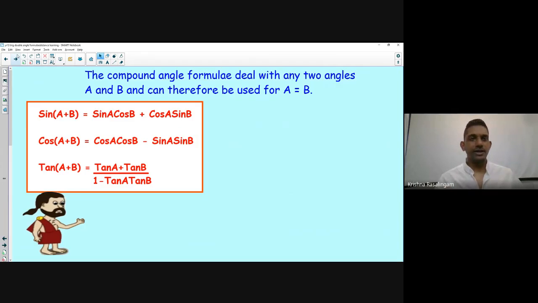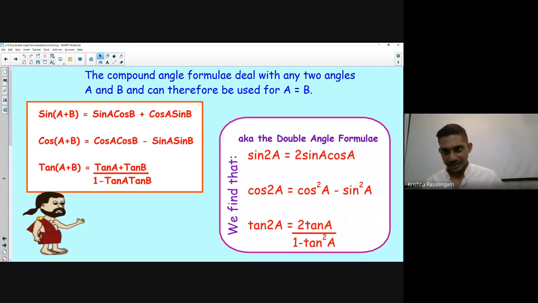So these are known as the compound angle formulae, and they are given in your formula book. And from them, you can derive the double angle formulae.